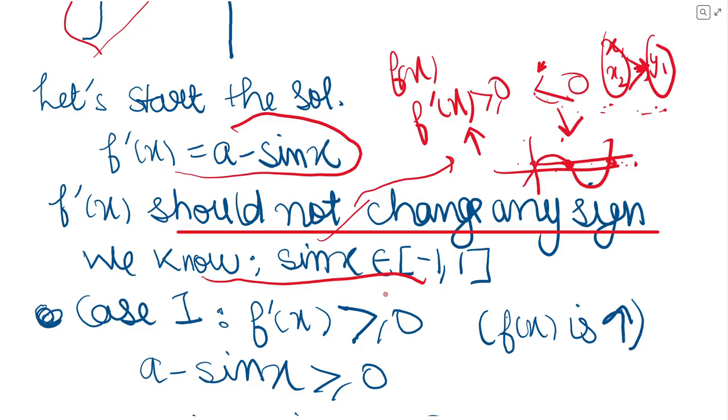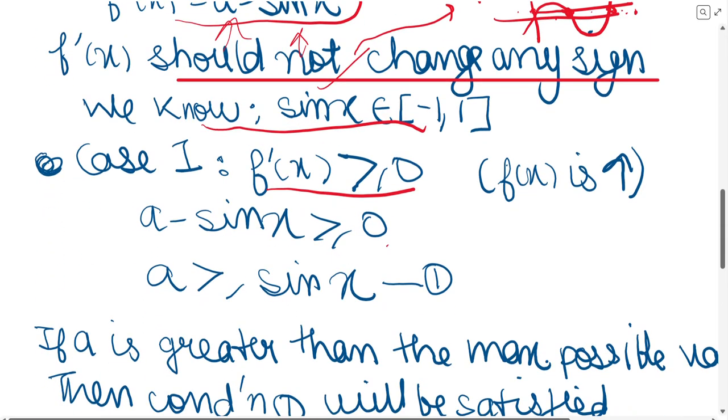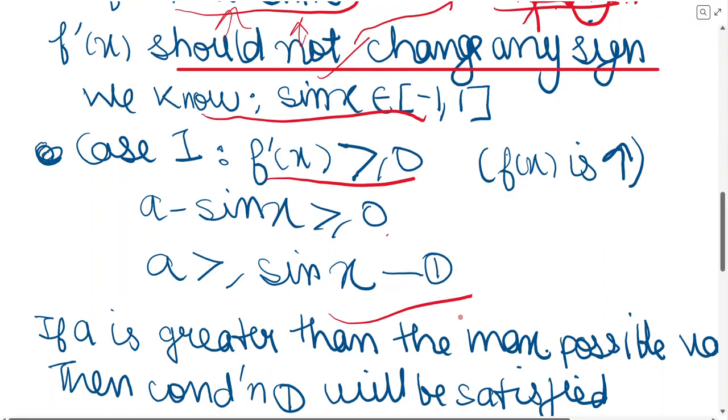Now we know that sin x is from minus 1 till 1, because we cannot do anything for this a, but we can do something for this sin x, which is a variable term. Now we'll check both cases, whether the function is increasing or decreasing. When it is increasing, a minus sin x is bound to be greater than or equal to 0. That means a must be greater than or equal to sin x.